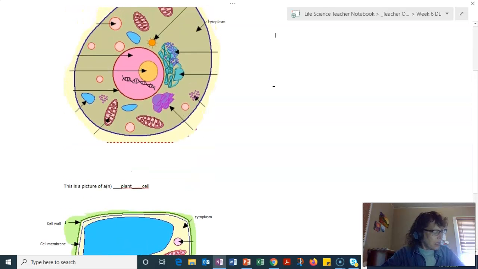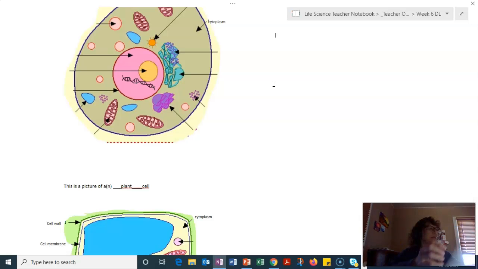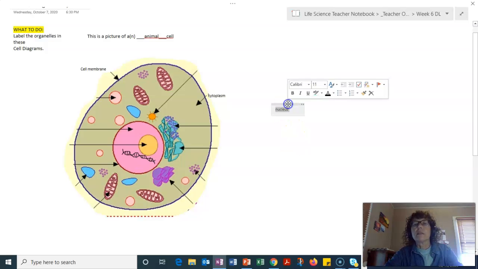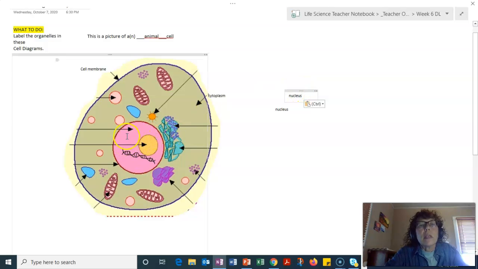So then we moved on into where we started talking about the specific organelles. And the first one we came across was the nucleus. So I'm going to type the word nucleus. Nucleus, I'm going to copy it and paste it so I have two. I'm going to use my Control C and my Control V. The nucleus happens to be this pink thing in the animal cell.